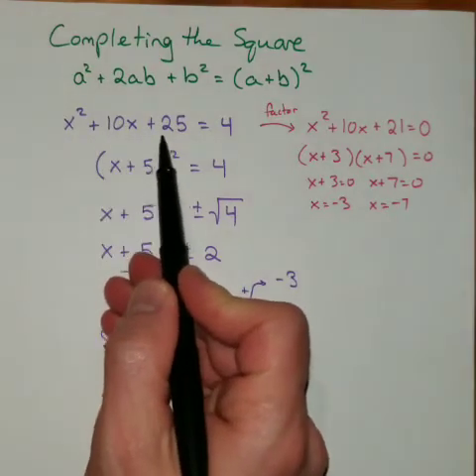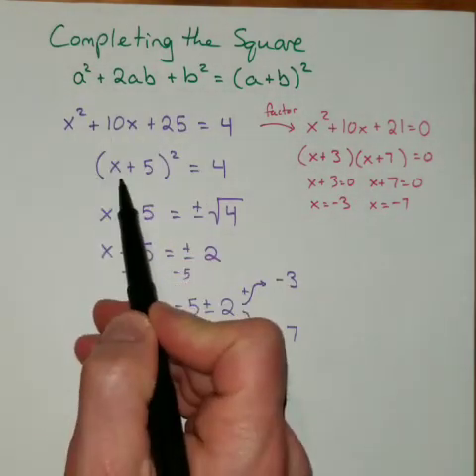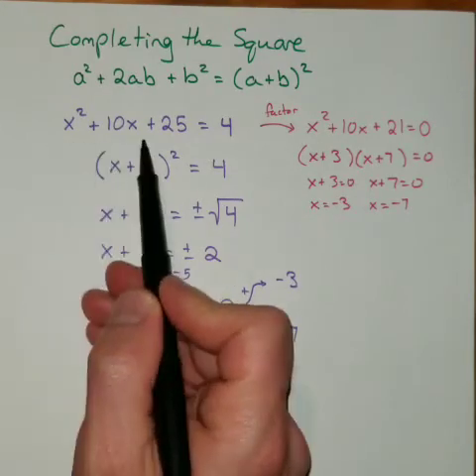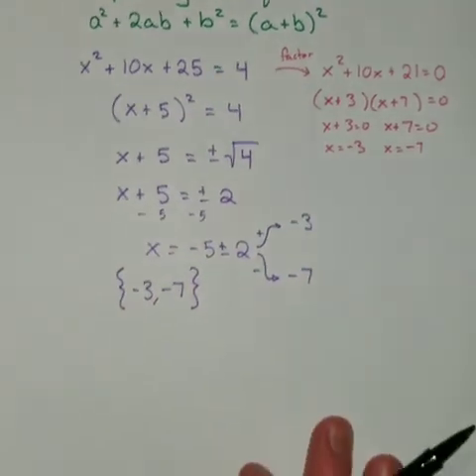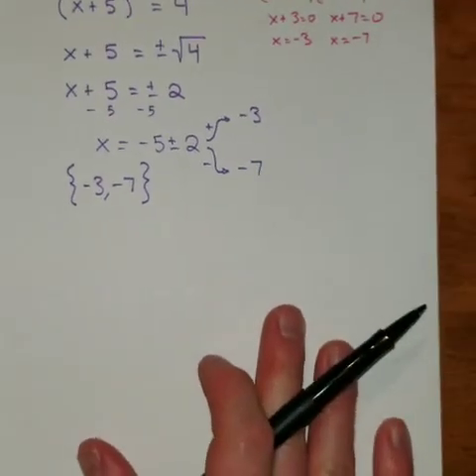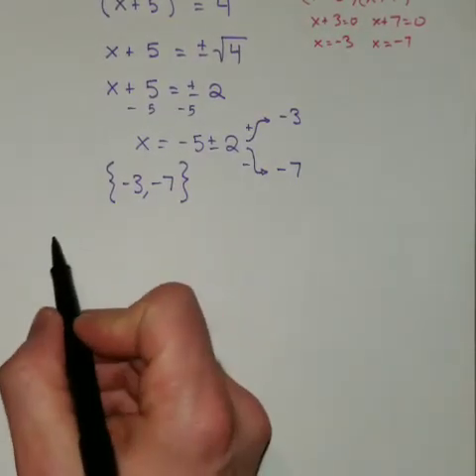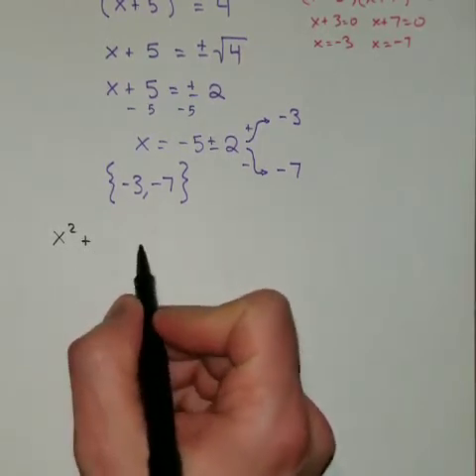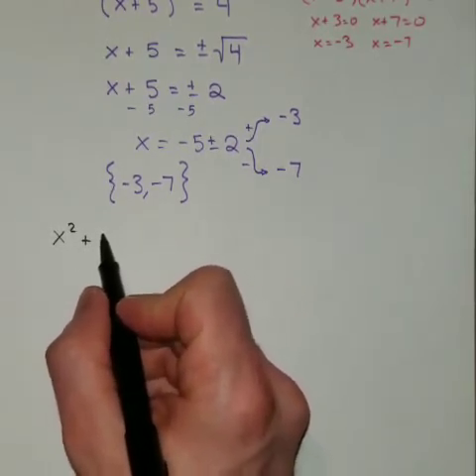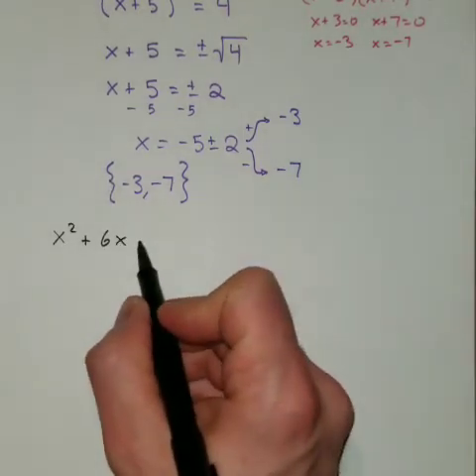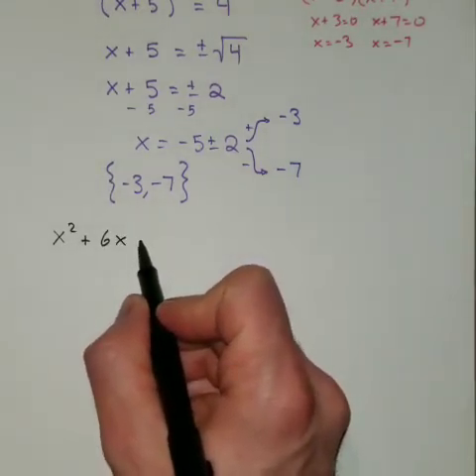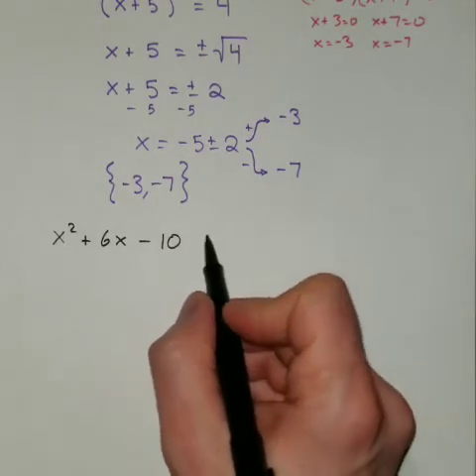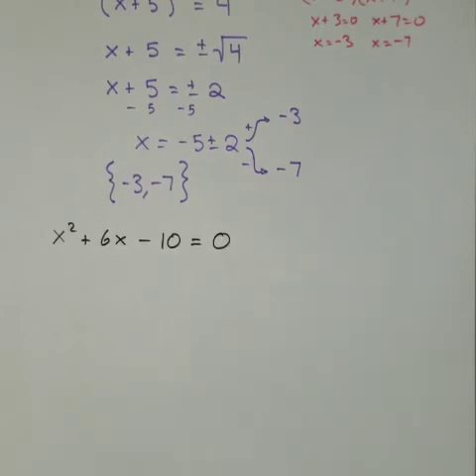Okay, so let's take a look at one where it's not so straightforward. That one was nice because I already had it in perfect square trinomial form, but it may not be the case where we have that. So, for instance, you might start out with something like x squared plus 6x minus 10 is equal to 0.